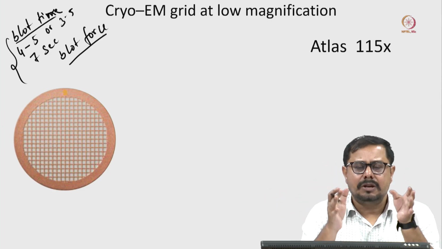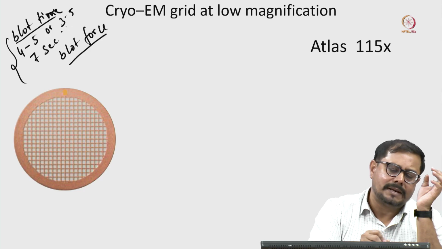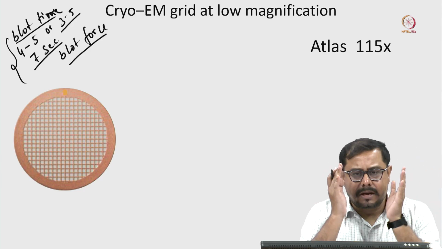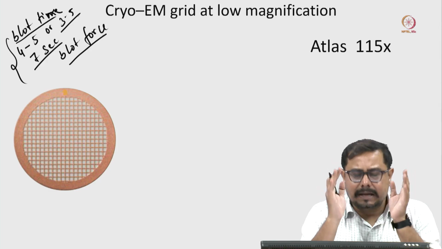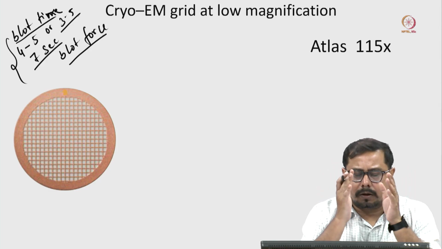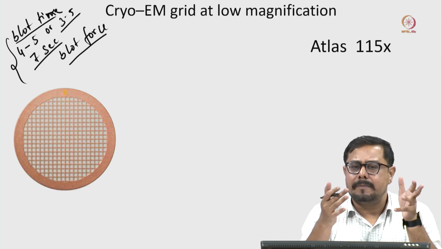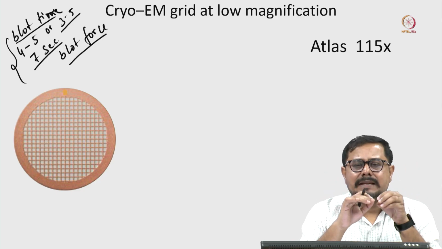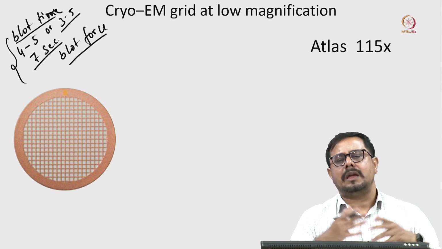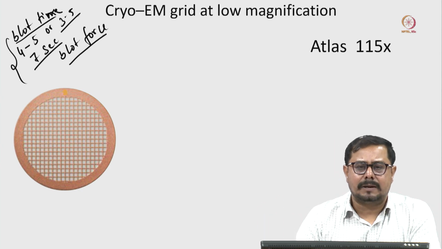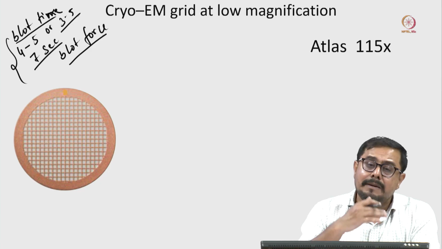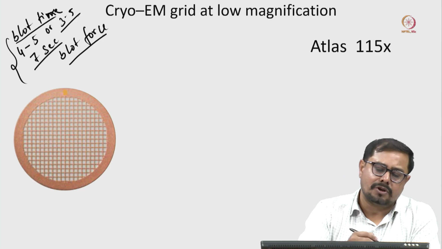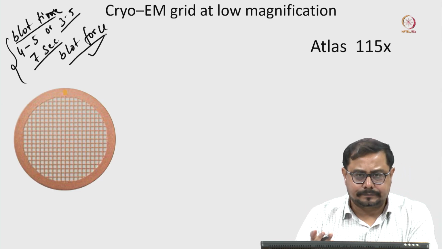Based on their facility, you have to set those parameters: how many seconds you want to blot, what will be the blot force, and which blot force gives good ice. You have to optimize based on that equipment. So if the literature mentions that a 5-second blot is good enough for that protein, the same blot parameter may not work in your facility, or the same blot force may not work. You have to pay attention to those things.